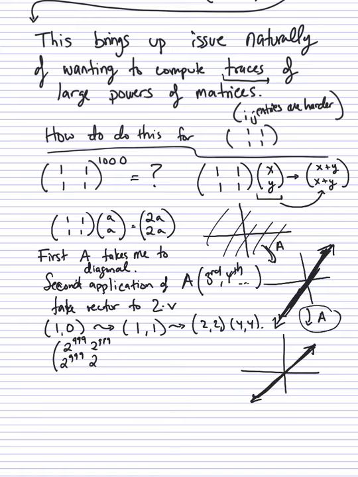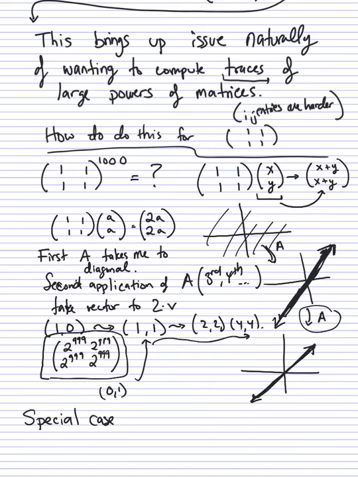And a similar thing for (0,1). (0,1) goes here, and then tracks at the same rate as (1,0). So this is kind of a matrix where it's easy to do matrix multiplication iteratively. This is kind of a special case. You're taking a matrix to a one-dimensional subspace, so the image is one-dimensional.